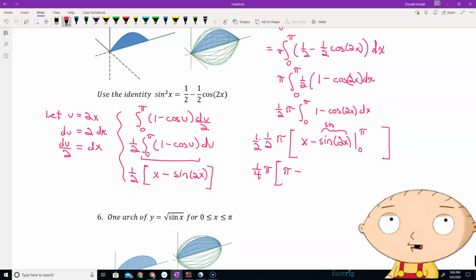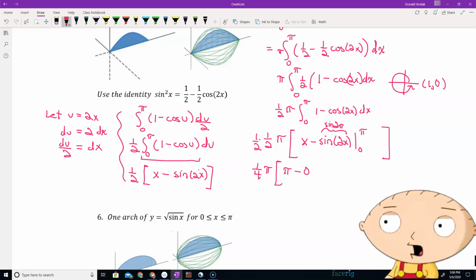This would become sine 2 pi. And at 2 pi, the sine value is 0. That is simply 0 minus, substitute 0 in for x, minus.